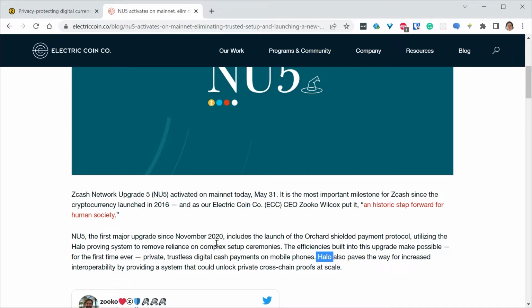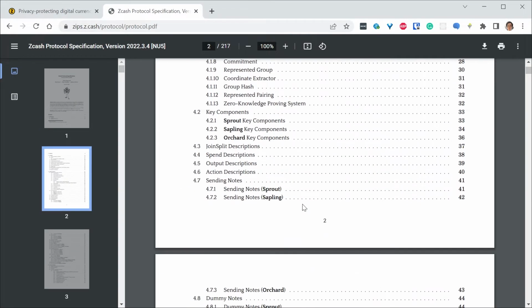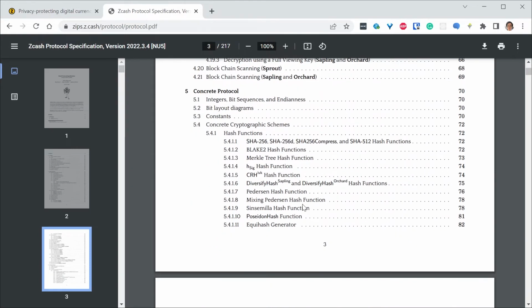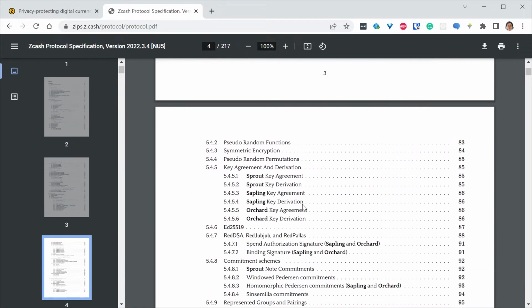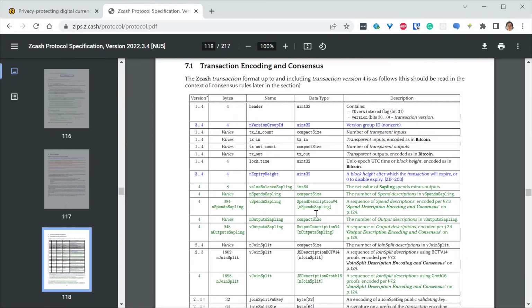With NU5, there was also a change in the transaction format. If you go to the protocol paper, with the release of NU5, there is a change in the transaction format, and this applies to all the transactions that are marked version 5.